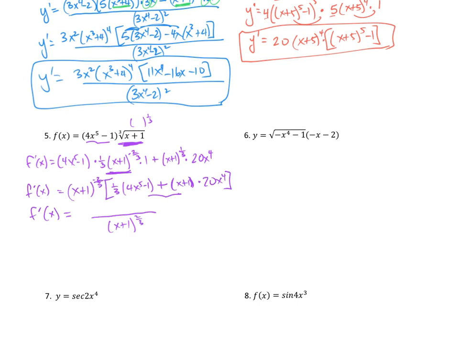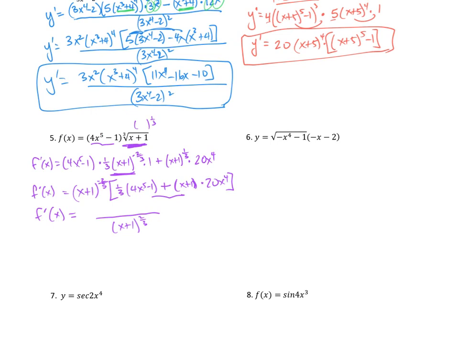All I did was move that down to the denominator. And the top will end up being this 1/3 times this 4x to the fifth minus 1 plus this part right here, which will be 20x to the fifth plus 20x to the fourth.